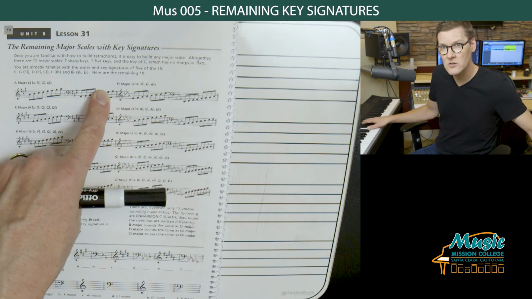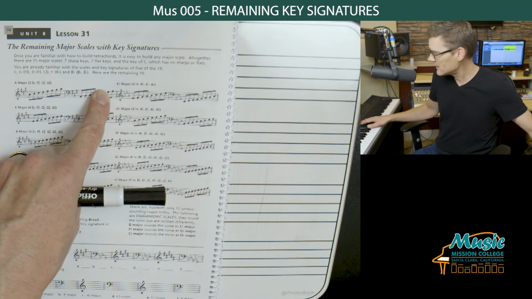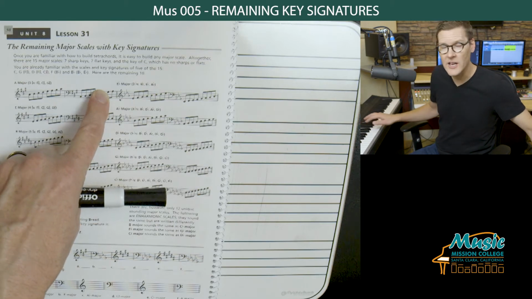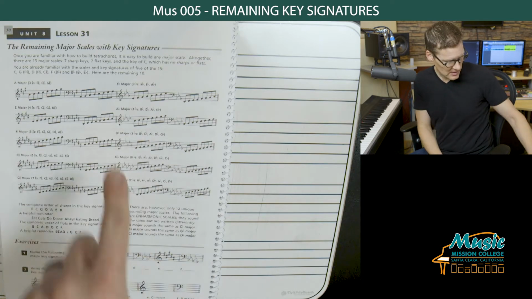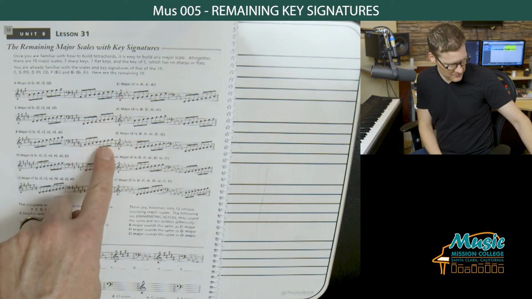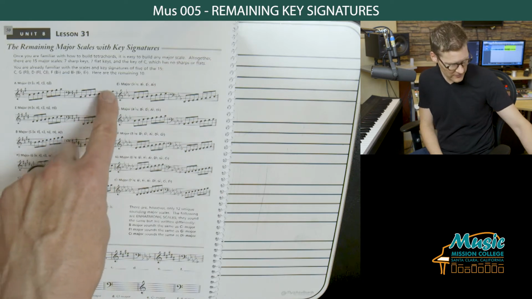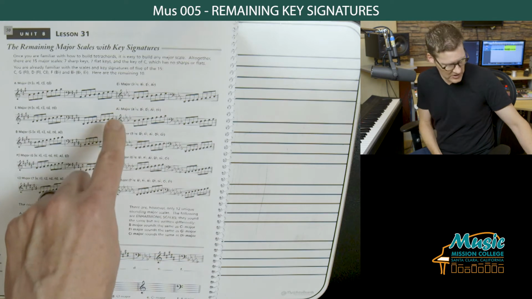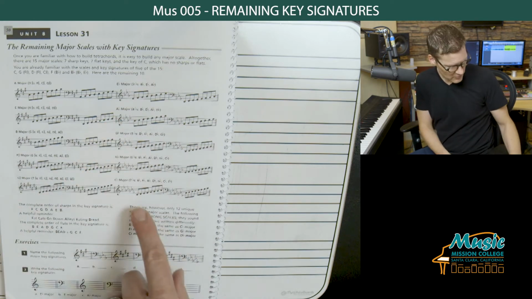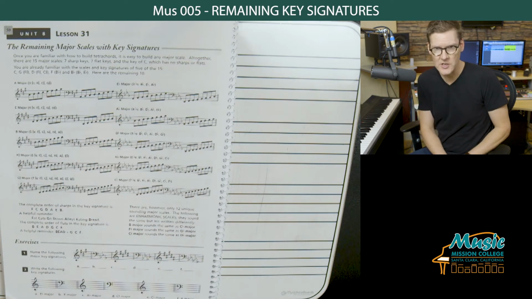So three of the notes, B flat, E flat, A flat, have all been lowered in order to observe the pattern that creates a major scale. As we work our way further in, we have to flat more and more notes in order to observe that pattern, which gives us a major scale.